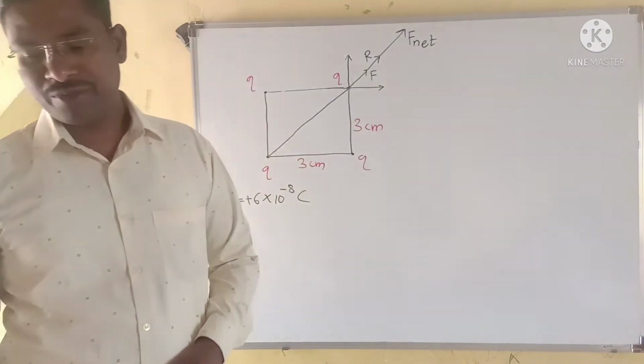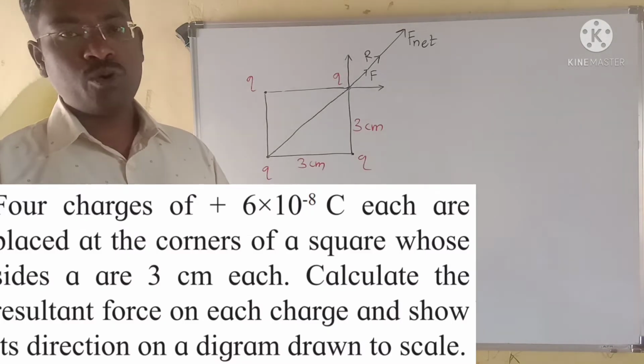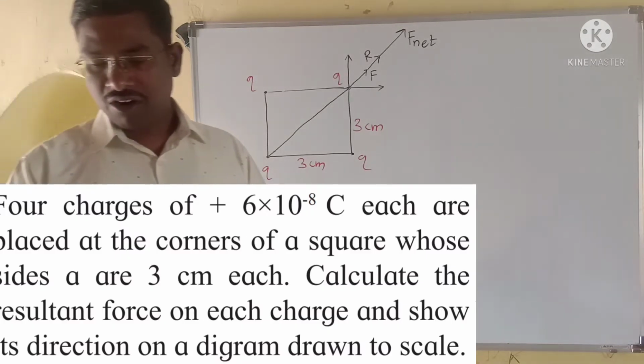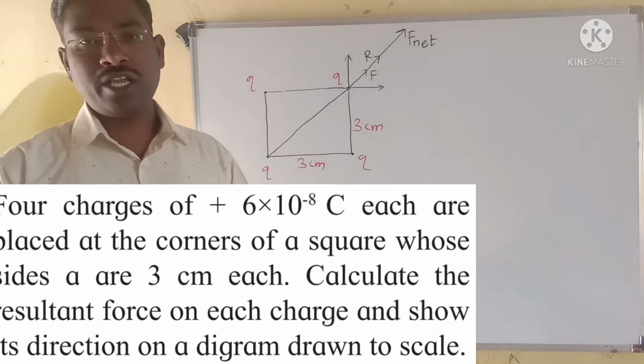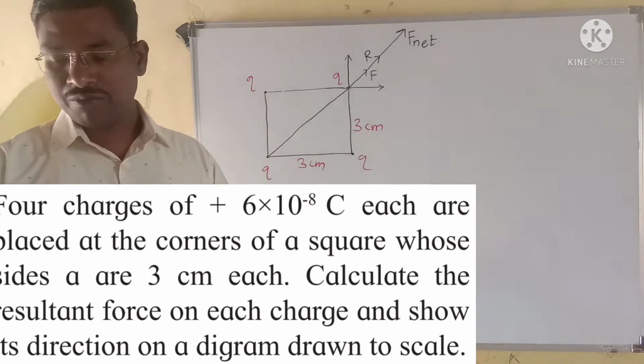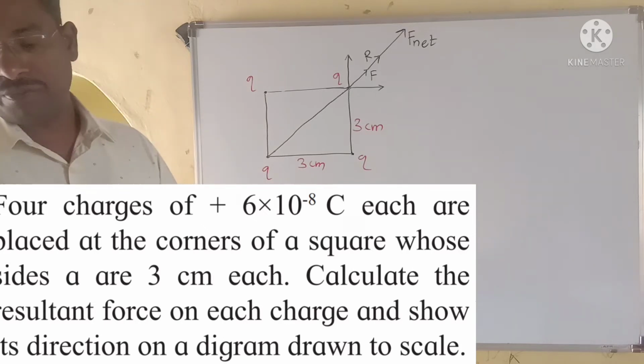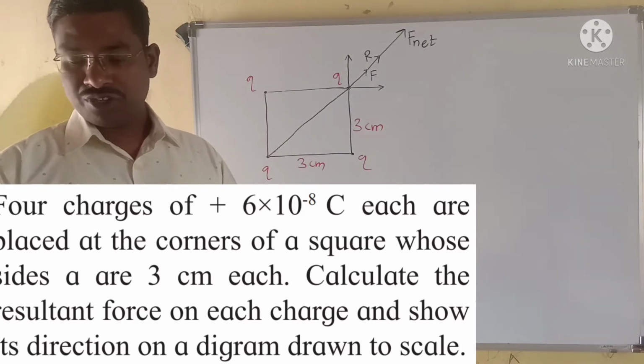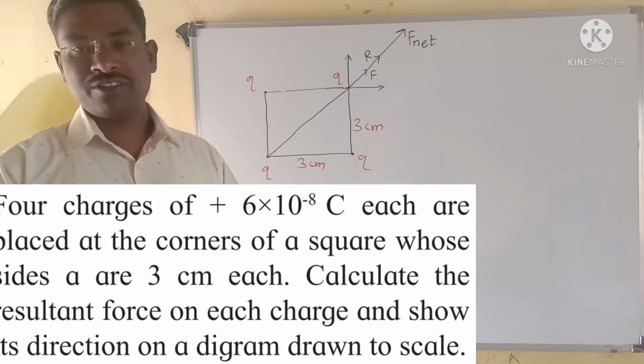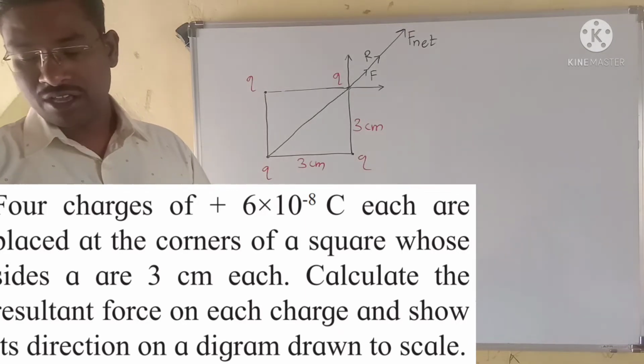Now, the next numerical is: four charges of plus 6 into 10 raised to minus 8 coulomb each are placed at the corners of a square whose sides are 3 centimeter each.